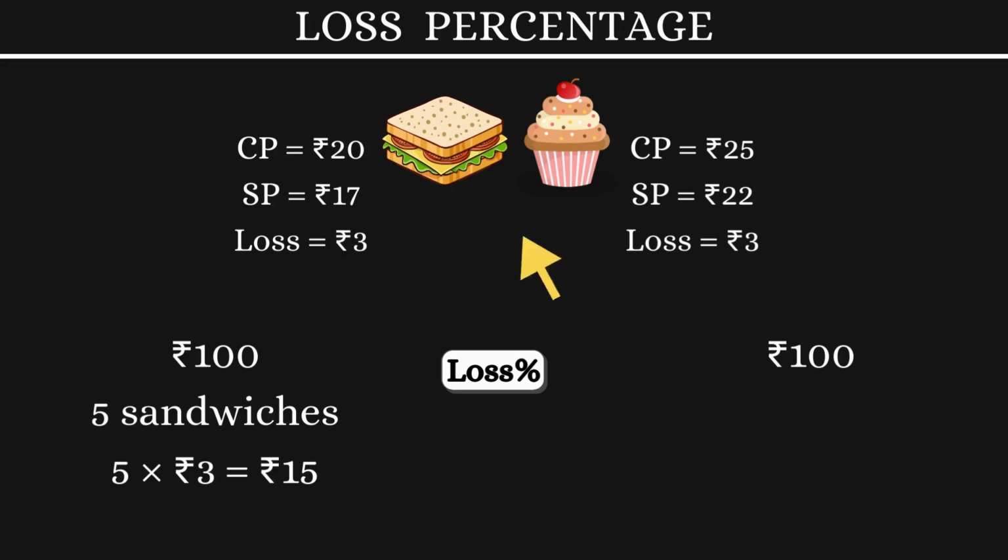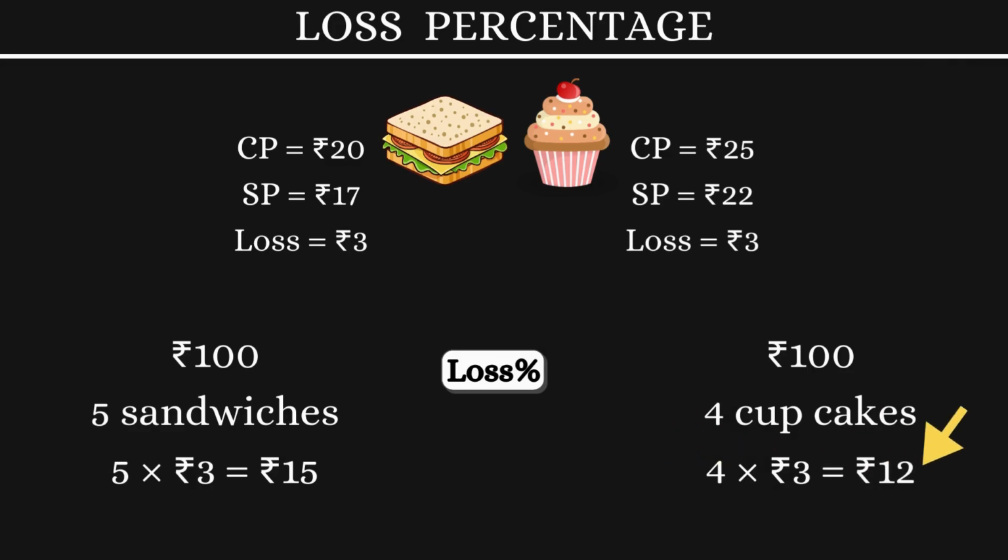Now coming to the cupcakes. Since the cost price of the cupcake was 25 rupees, the shopkeeper would have bought 100 divided by 25, which is 4 cupcakes. Now, since he is selling these cupcakes at a loss of 3 rupees each, the total loss becomes 4 into 3, which is 12 rupees.